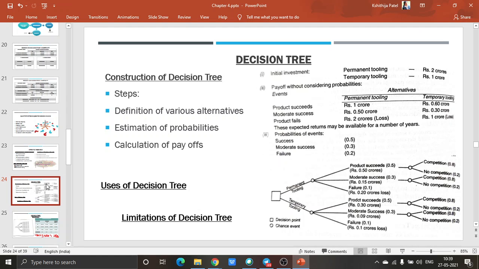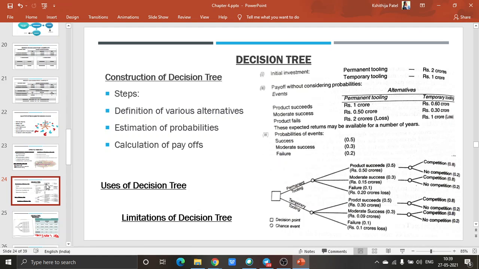So there are also some limitations. The main thing is the complexity that is involved. Even for this simple example that we took with just two variables, there was a lot of confusion. Only those who are well versed with it can do it.